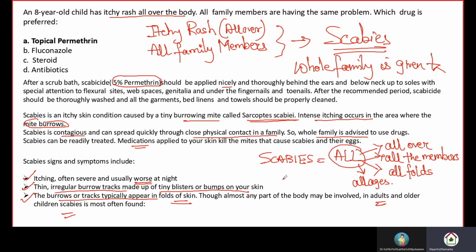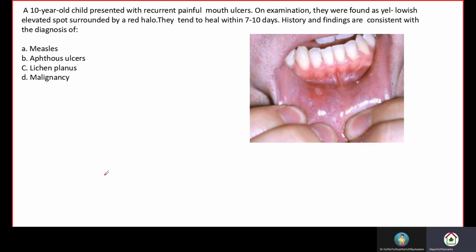Then all over the body, worse at night. So remember these points, okay, and the treatment is very good. With treatment it can be cured very nicely. The prognosis is good. The scabicide 5% topical permethrin should be given. Okay, that's it about scabies. Okay, next question.